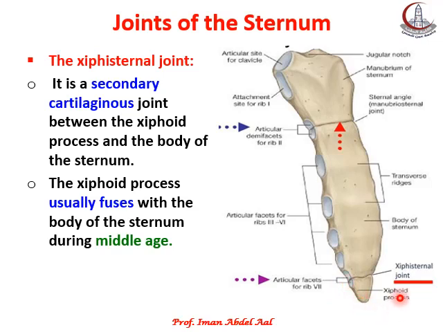The xiphoid process usually fuses with the body of the sternum during middle age. So here I have 2 joints, the manubriosternal joint and the xiphisternal joint. Both joints are secondary cartilaginous joints.